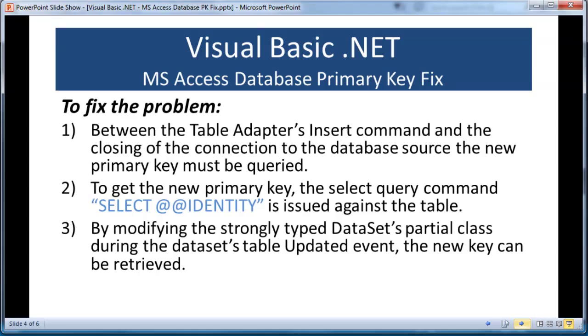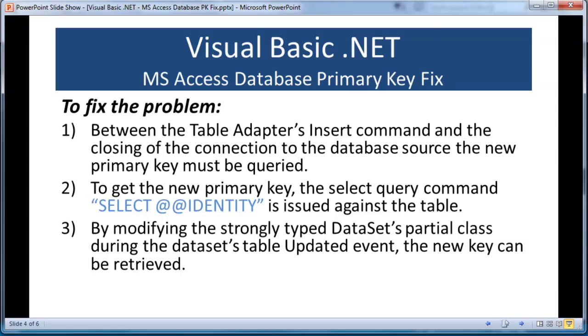But when we're working with a strongly typed data set, the table adapter opens and closes the connection automatically for us. So we have to intercept that open and close area and get the key while it's still open. And to do that, we go out with the select @@identity query against that table to pick up the new auto numbered field that was generated for us.